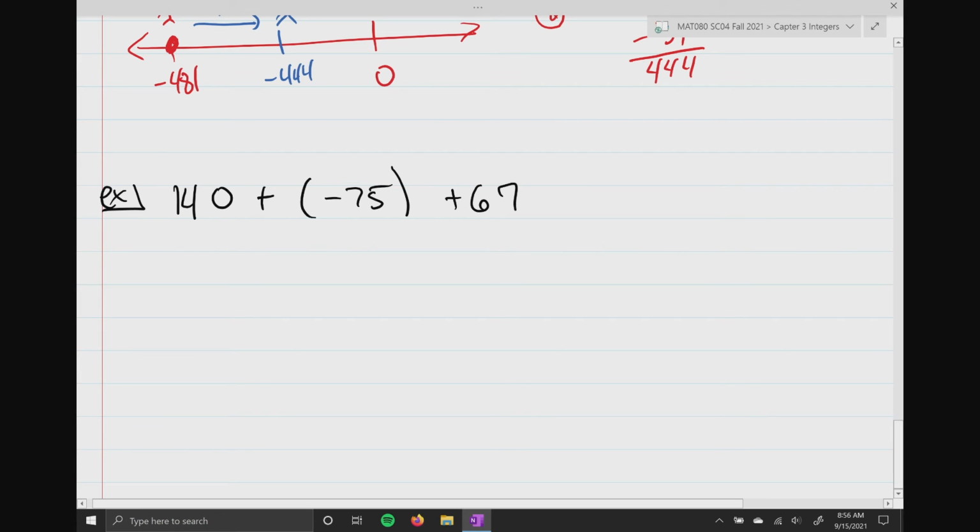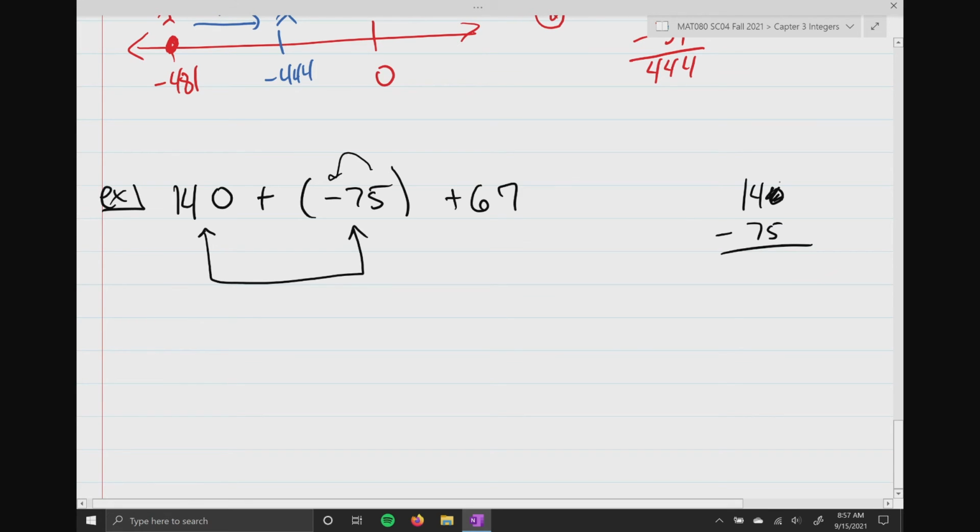But nobody says you have to do all three at once. Why not just do two? If I look at these two numbers, you've got 140 plus negative 75. The sign in front of the 140 is positive. The sign in front of the 75 is negative. So I know I'm just going to subtract these two numbers: 140 minus 75.